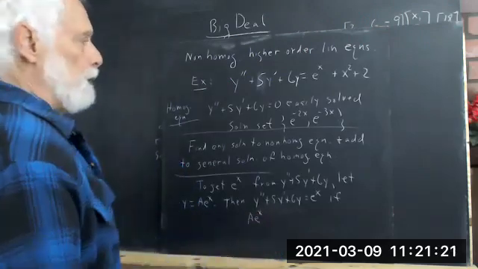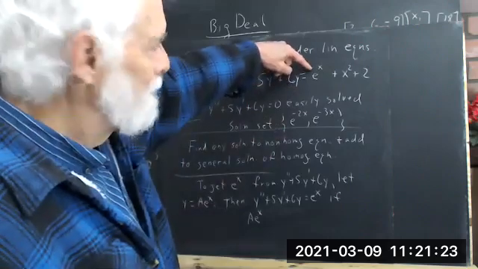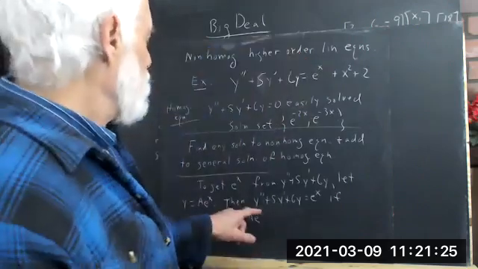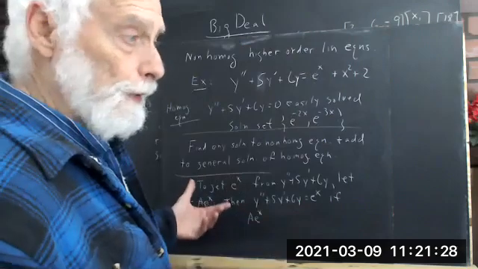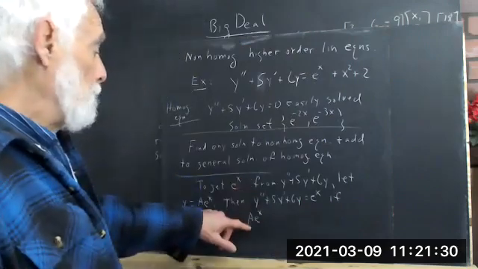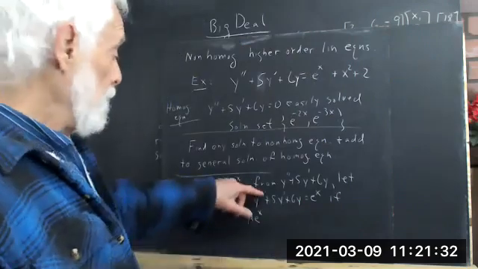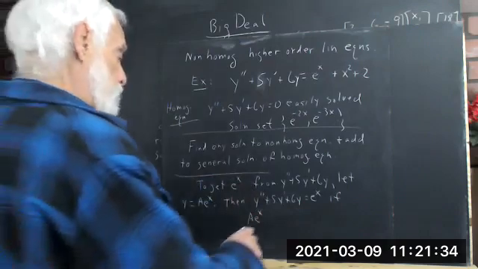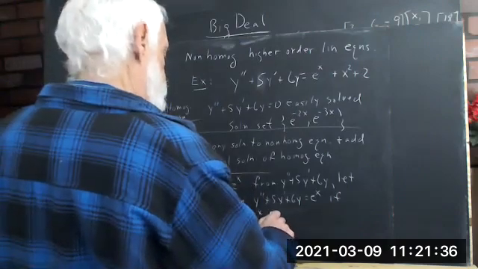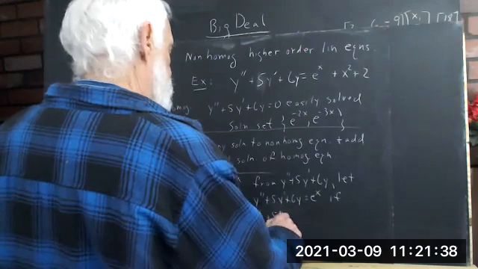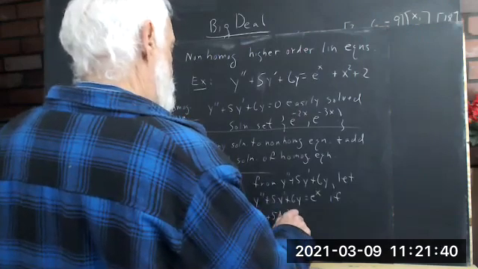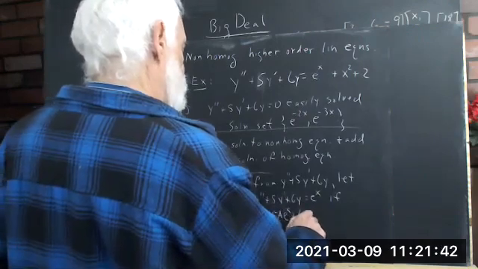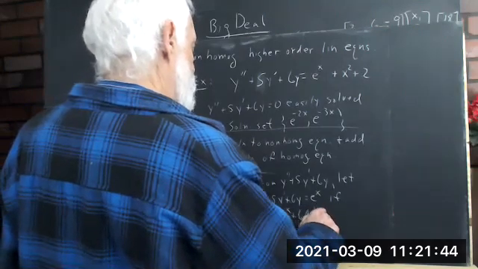Well, I'm being easy on us. I don't have a coefficient on the x, so that all these derivatives are just e to the x. So if y equals a e to the x, y double prime is a e to the x. And y prime is a e to the x. And y is a e to the x.